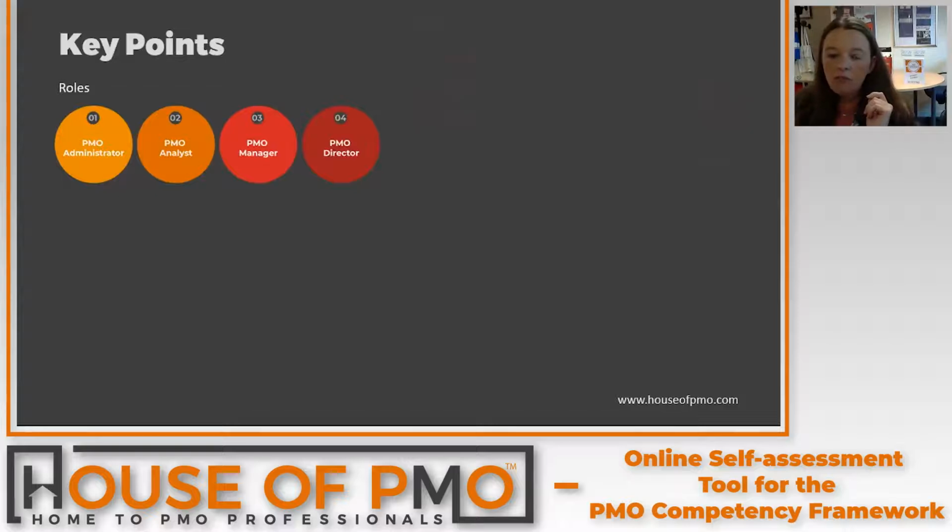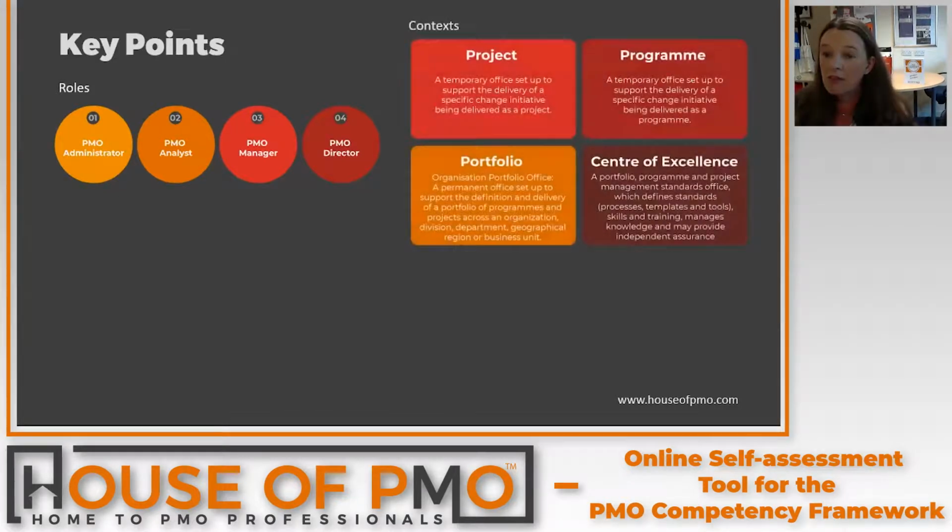The other thing that's good here is that you're able to pick those contexts. And what we tend to find is that a lot of people now working in a PMO tend to mix up their context. I may be working in a project level office, a project management office, but we also do some centre of excellence as well.